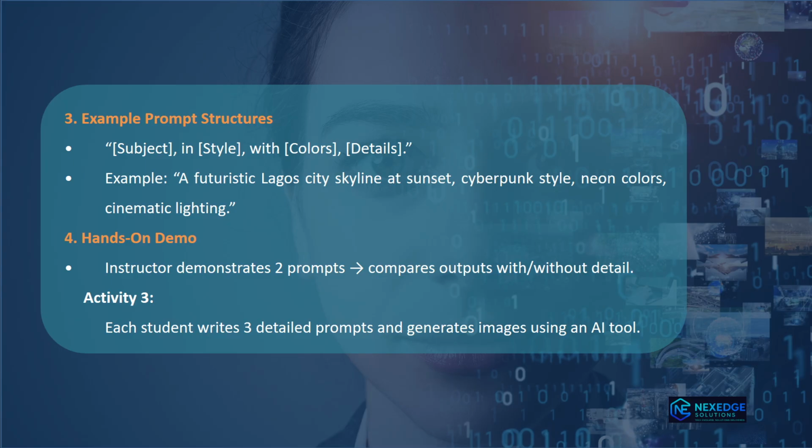So here is the example. A futuristic Lagos city skyline at sunset. This is the subject. Then the style is cyberpunk style, while the color is neon colors, and then the detail is cinematic lighting.